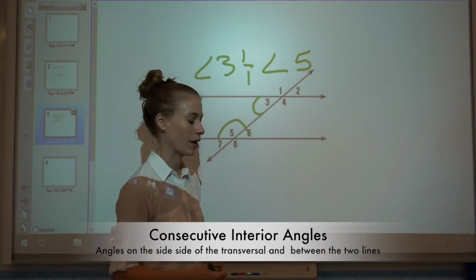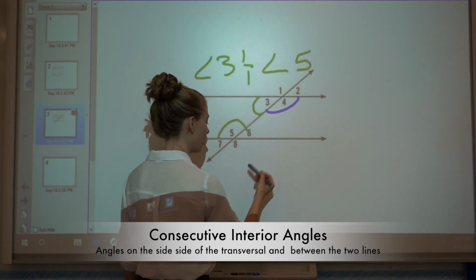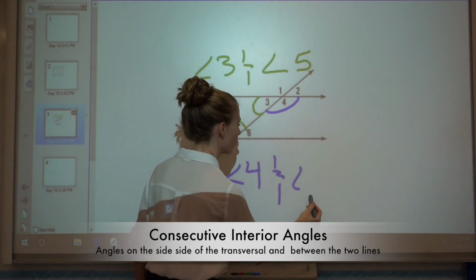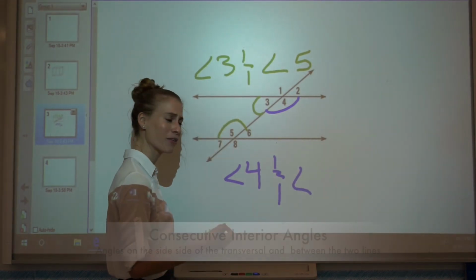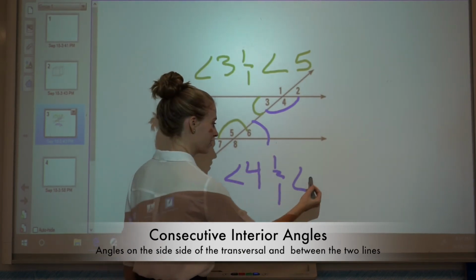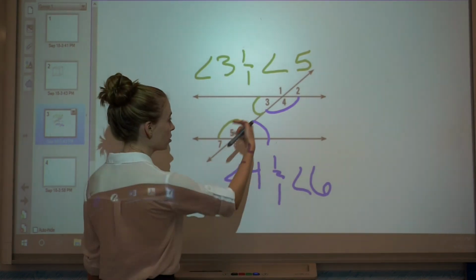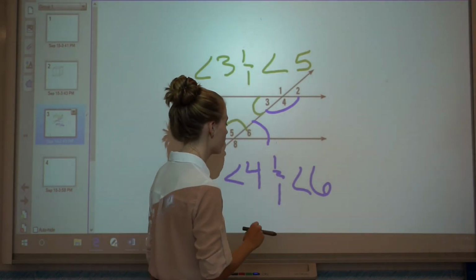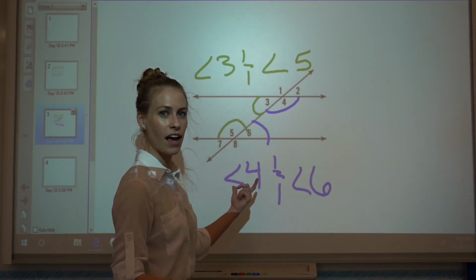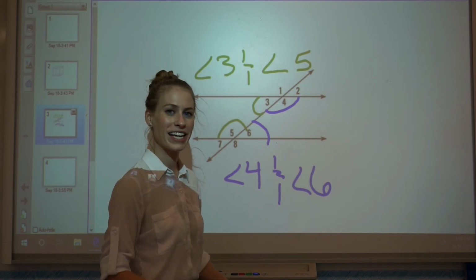Let's try to find another pair. What about angle 4? What's its other match? If I'm looking for consecutive interior angles, angle 6. Boom. So you notice with these pairs of consecutive interior angles, if you add them together, they would be supplementary angles.